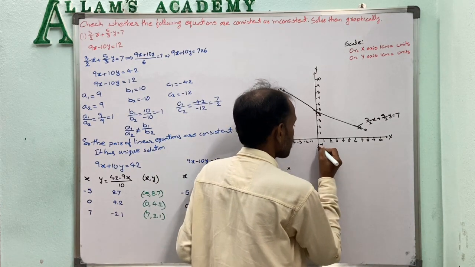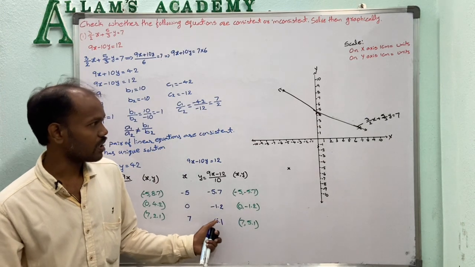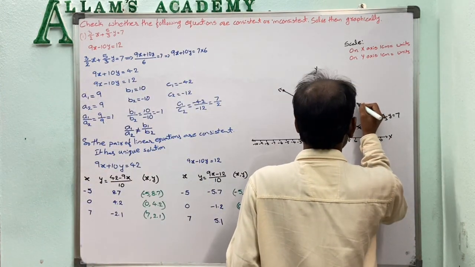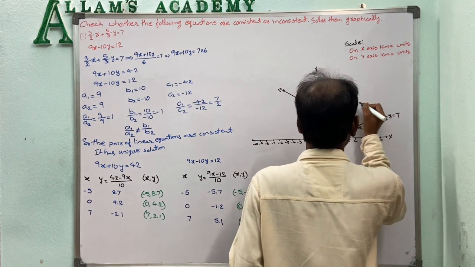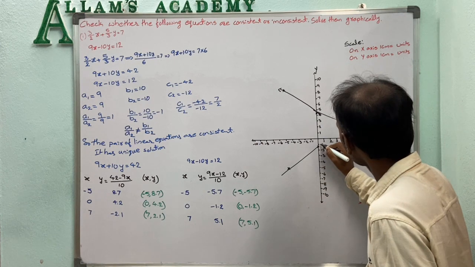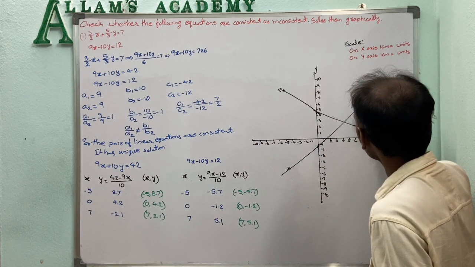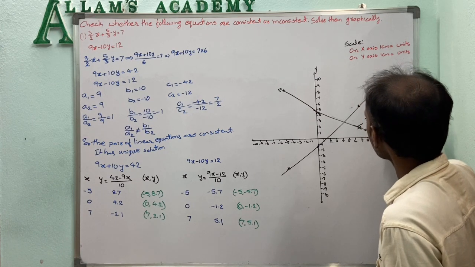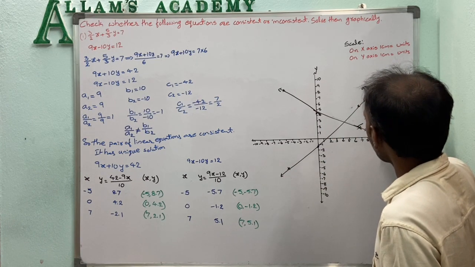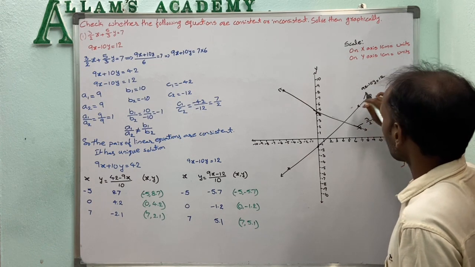For 7, its corresponding y coordinate is 5.1. Now join the points. So here also we get a straight line, and the straight line is 9x minus 10y equals 12.